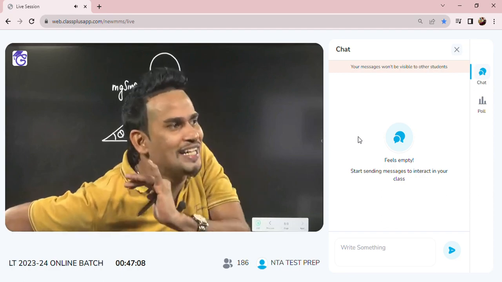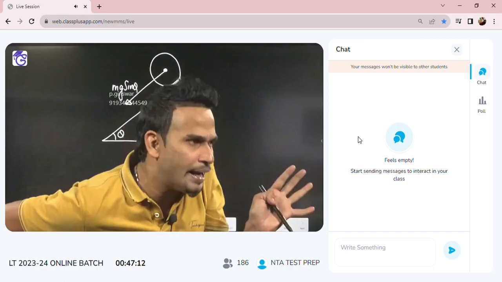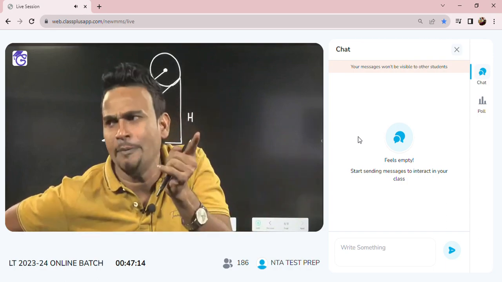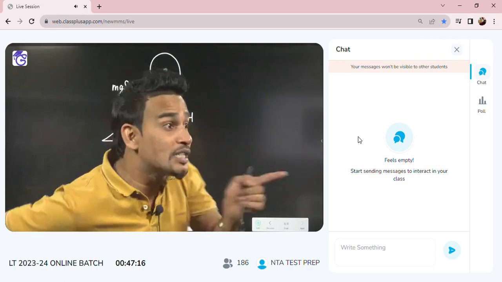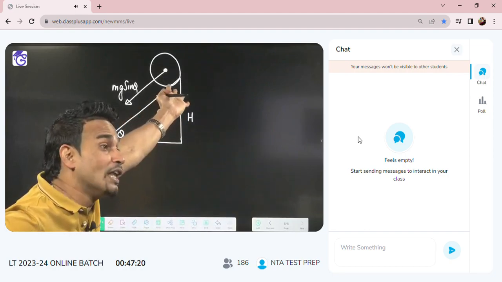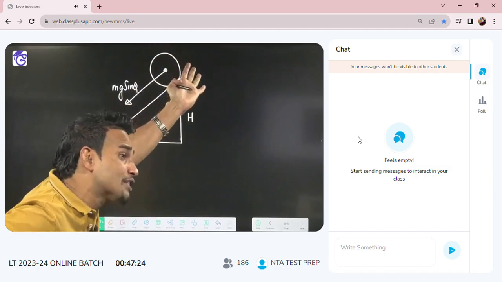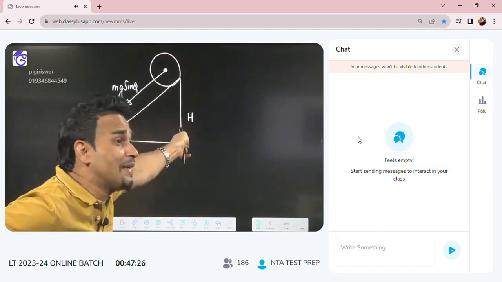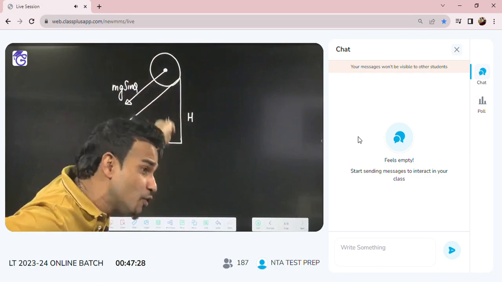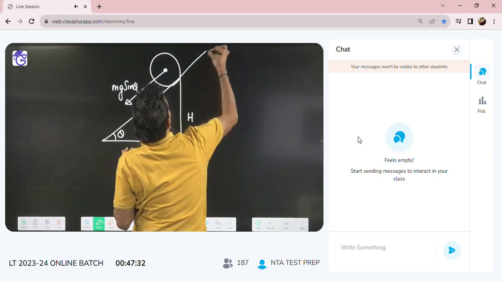On a horizontal surface, with or without friction, rolling can happen. But on an inclined plane, mg sin theta cannot give you torque, it only gives force. The body will only translate. If the body is rolling, rotation must be there. Who will give you rotation? Friction, which will act here.